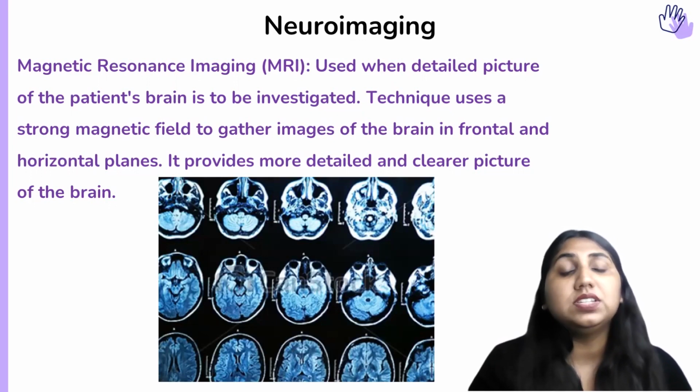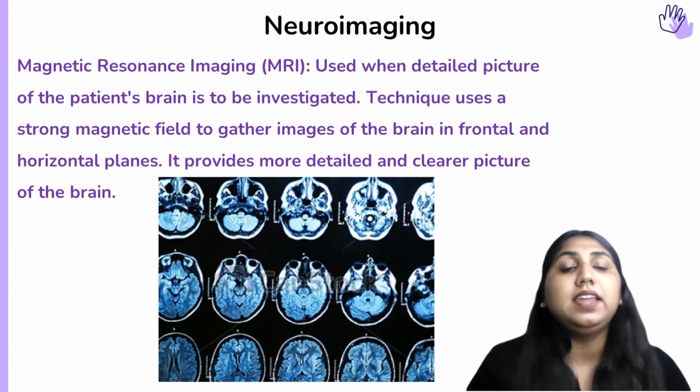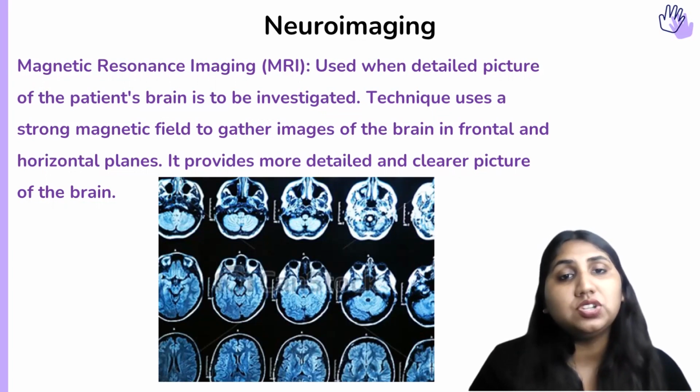So this technique uses a strong magnetic field and gathers images of the brain in frontal and horizontal planes. Unlike a CT scan, it provides a more detailed and clear picture of the brain, and it helps us know the blood oxygen flow to different parts of the brain, as well as which parts are active and which are inactive.